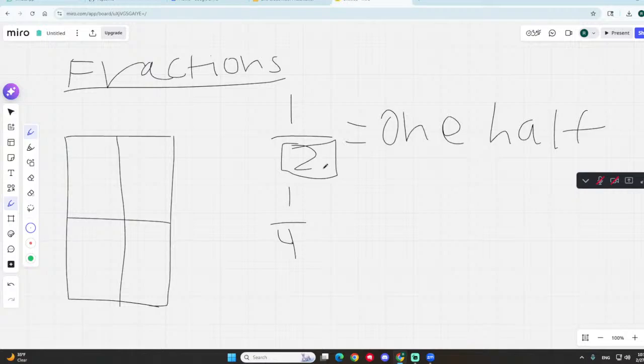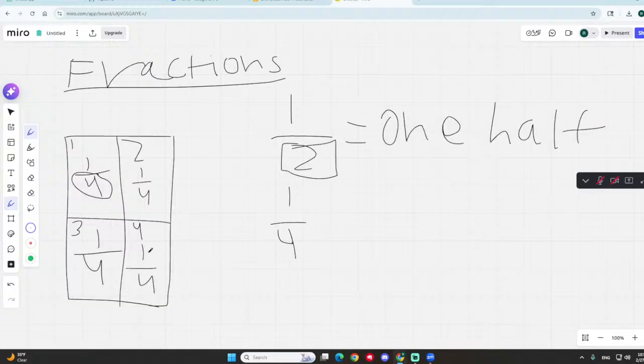Okay, now we'll go over the answer. Since we have 4 equal parts here, 1, 2, 3, 4, each one would be 1/4 because there are 4 equal parts.